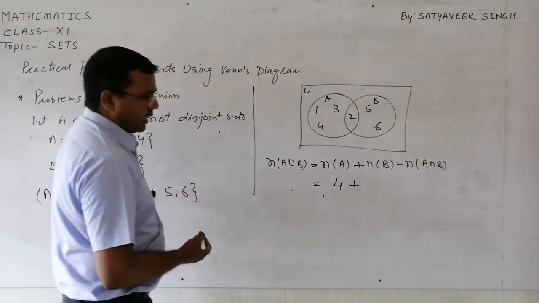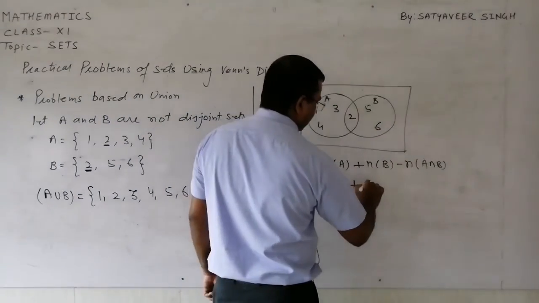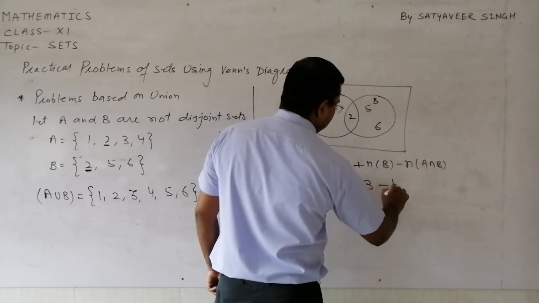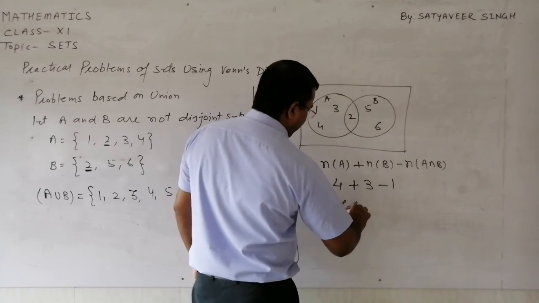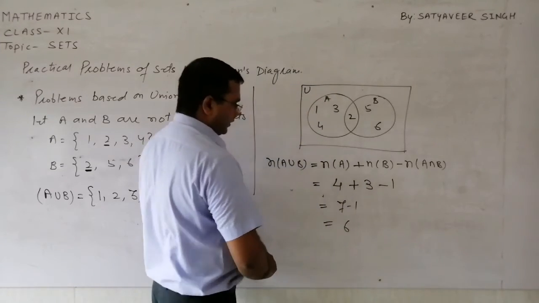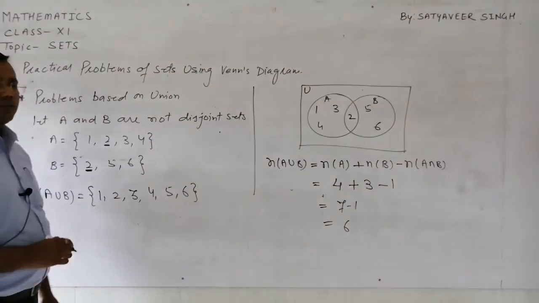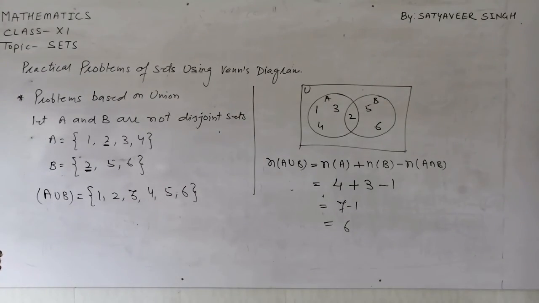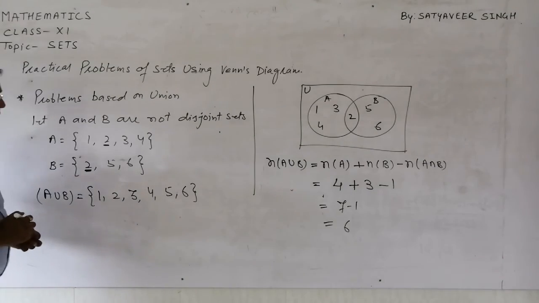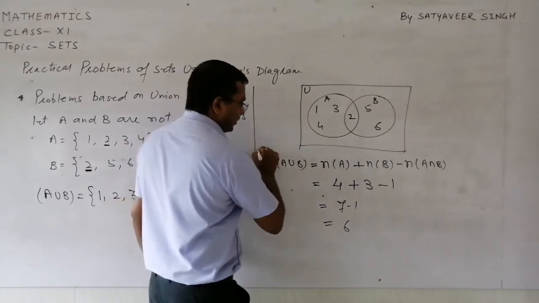We are talking about the cardinality, not the particular elements. Here n(B) is 3, and minus 1. So 7 minus 1, we get 6. So the number of elements in A union B is 6. This is the procedure. You will have to notice this formula.